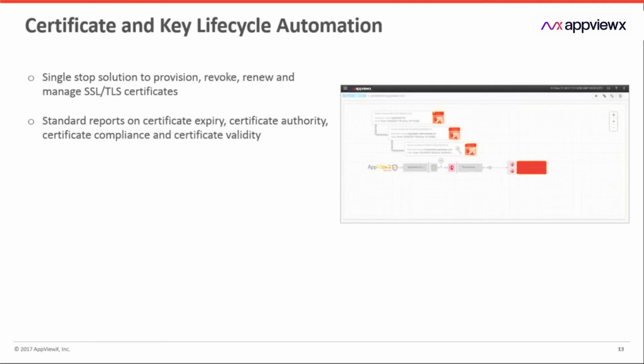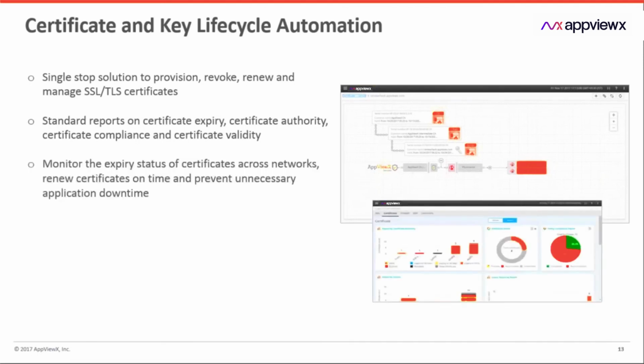Each certificate in your infrastructure is validated against a set of policies and rules that are set by you, such as recommended certificate authorities, recommended cryptographic algorithms, and the corresponding non-compliant certificates are highlighted for further action. As said before, we can also monitor the expiry status of each certificate and renew certificates on time every time to prevent unnecessary application downtime.